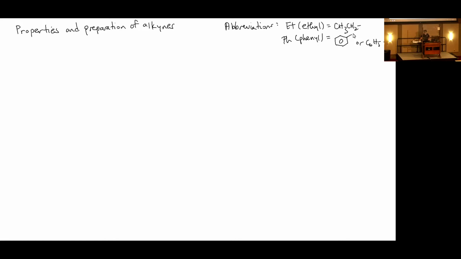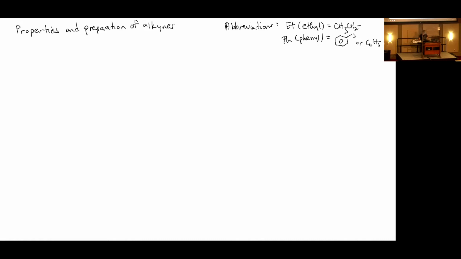Although frankly, I've actually seen PhH for benzene. You can write that if you want to, but it's only and always used for C6H5. So any multiply substituted benzenes, you have to draw it out. At least that's how I've always been told to do it. Good. So all that being said, what's the best way of making alkynes?